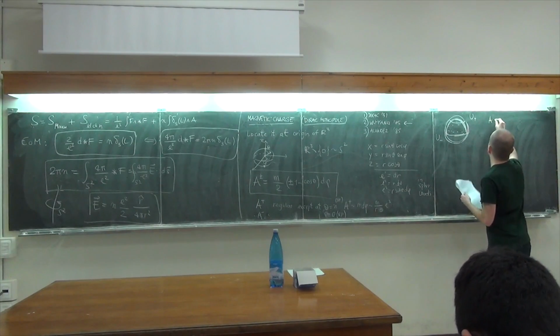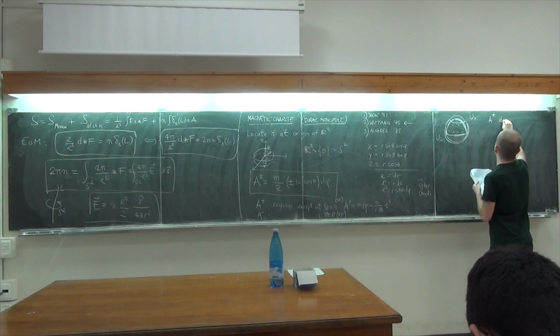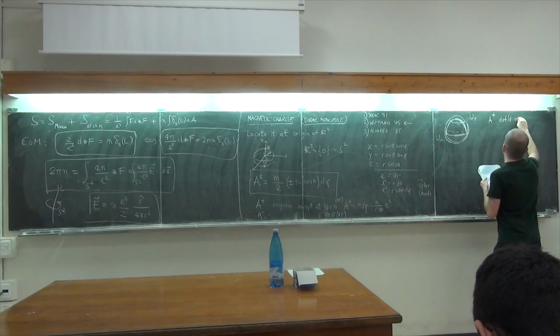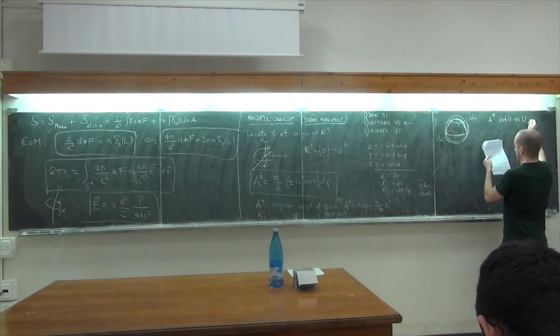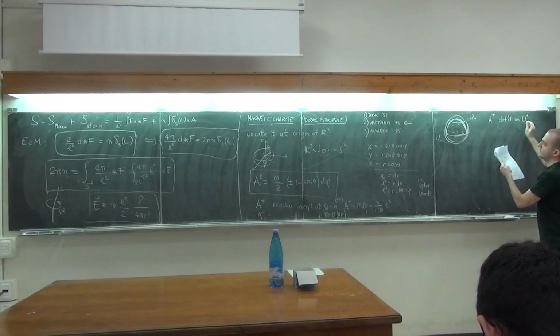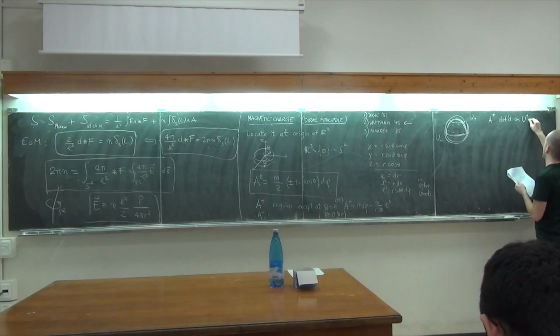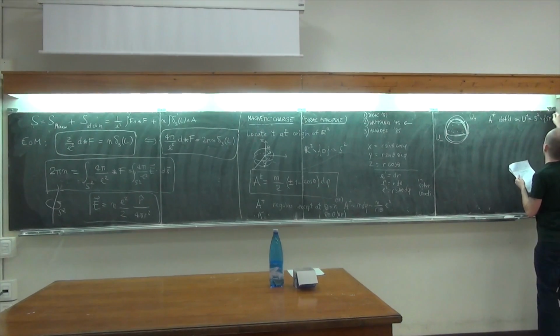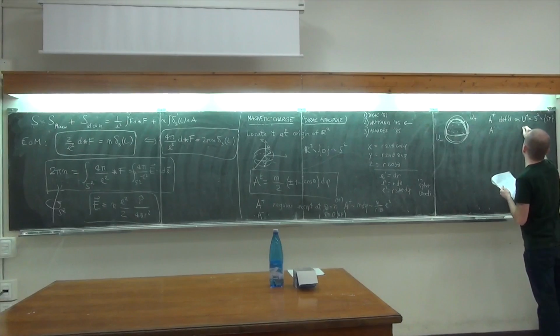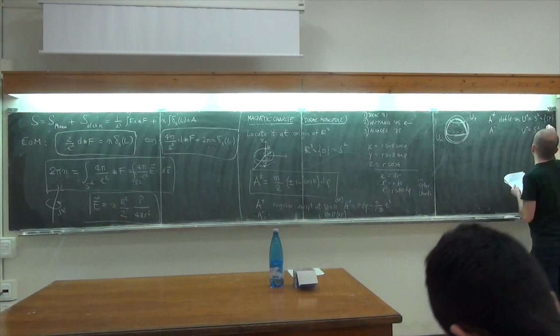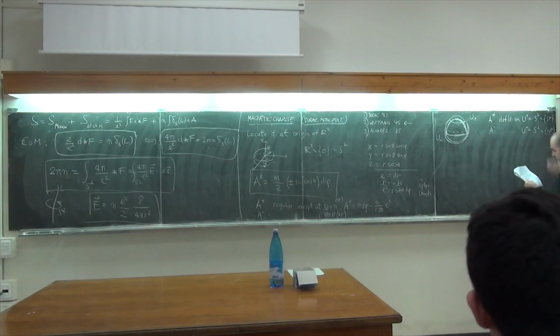Okay, so again, A plus is defined on U plus, which is essentially the two sphere minus the south pole, and A minus is defined on U minus, which is the two sphere minus the north pole.